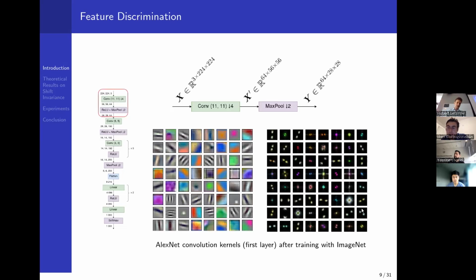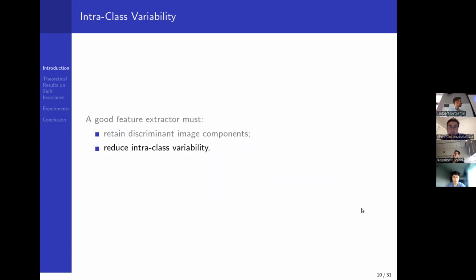As you can see, each output channel retains features with specific frequency localization. And as such, the first convolution layer tends to discriminate basic shapes such as edges and textures. I won't spend too much time on feature discrimination, but will focus more on how the feature extractors reduce intra-class variability.